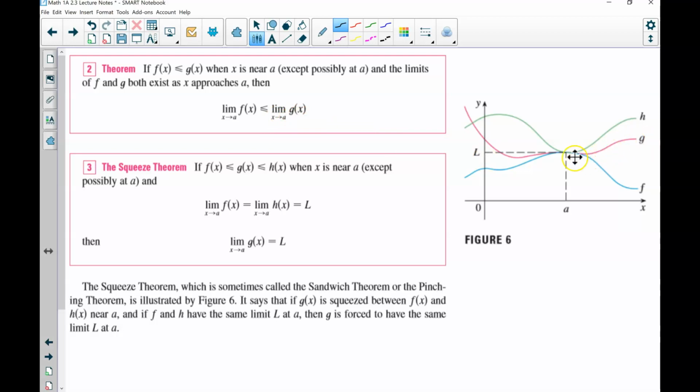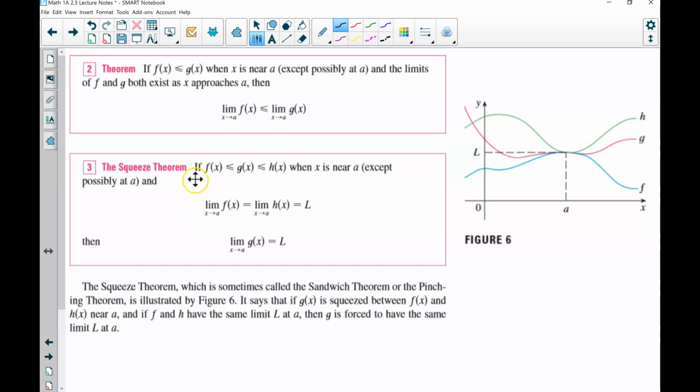So here is the function g, and here is the function f. So we're saying that the limit for this function f at a is going to be less than or equal to the limit of this function g of x as x is approaching a. And so what that does is allow us to use what we call the squeeze theorem.